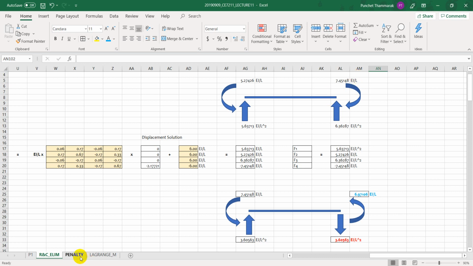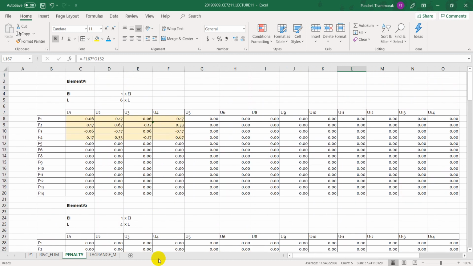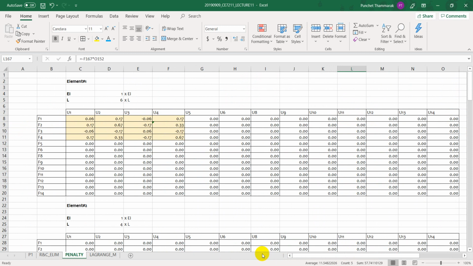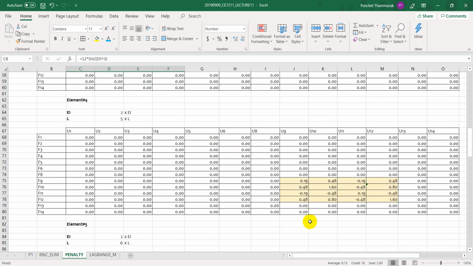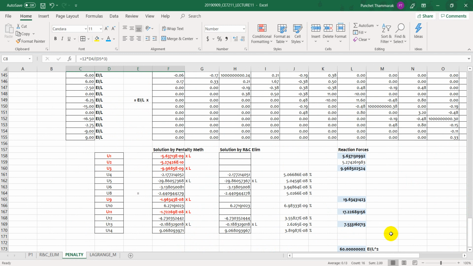So now let's take a look at the solution we obtained from penalty method. You will carry out exactly the same procedure. So you will use this stiffness matrix, which is exactly the same as the one before in row column elimination. What is different from the one before is your solution.